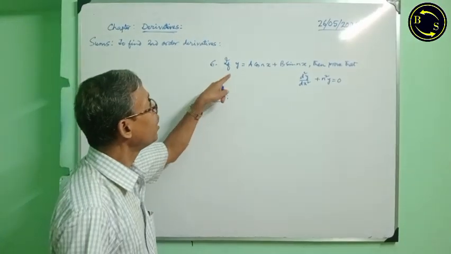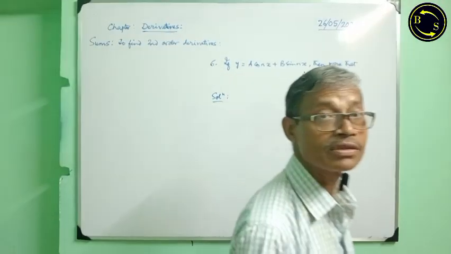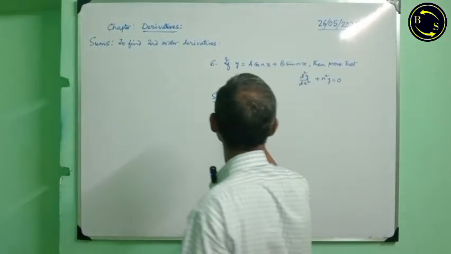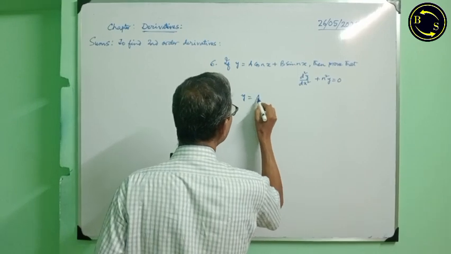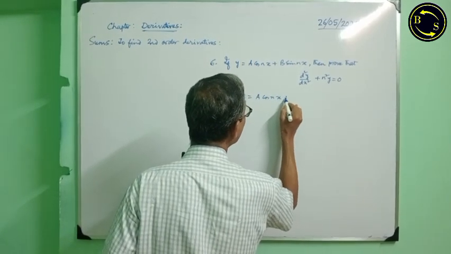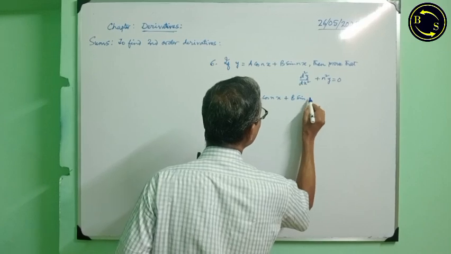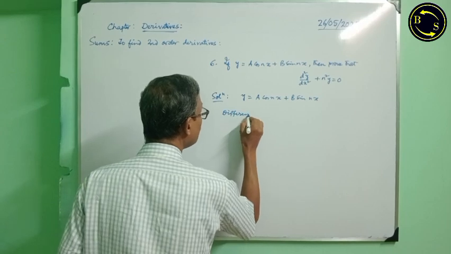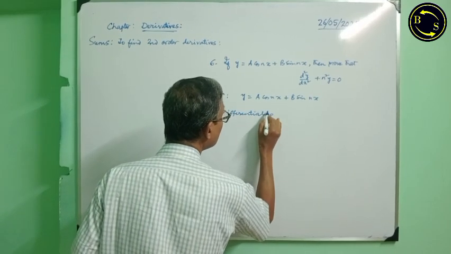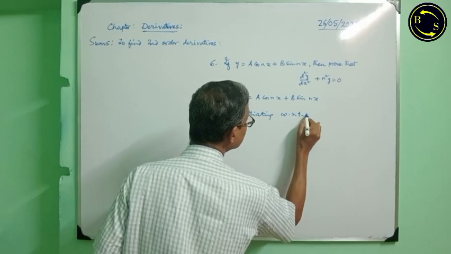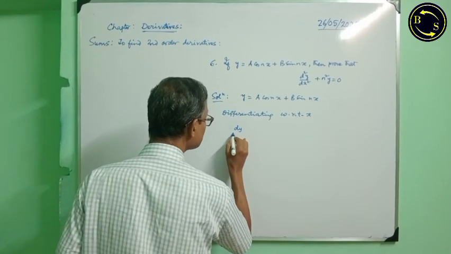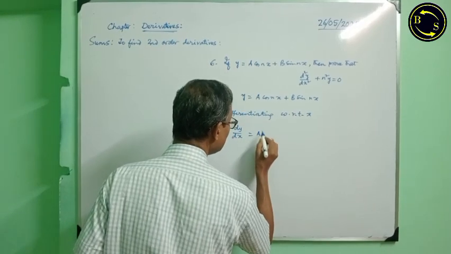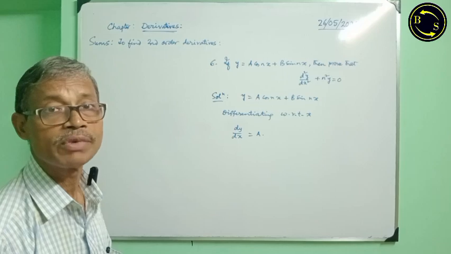Next sum: if y equals a cos nx plus b sin nx, then we have to prove this relation. I first write this one. Differentiating with respect to x, the left side is dy/dx. a and b are constants, therefore a into the derivative of cos nx with respect to x.